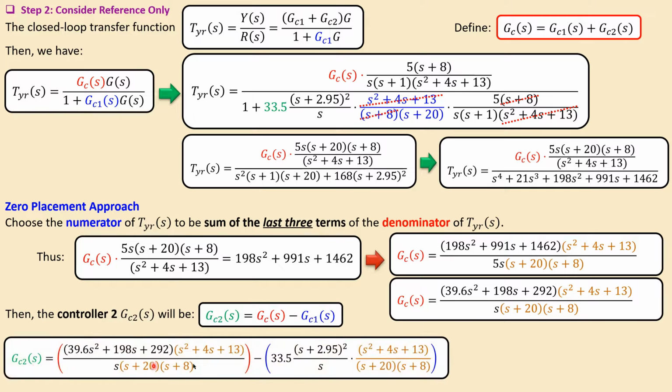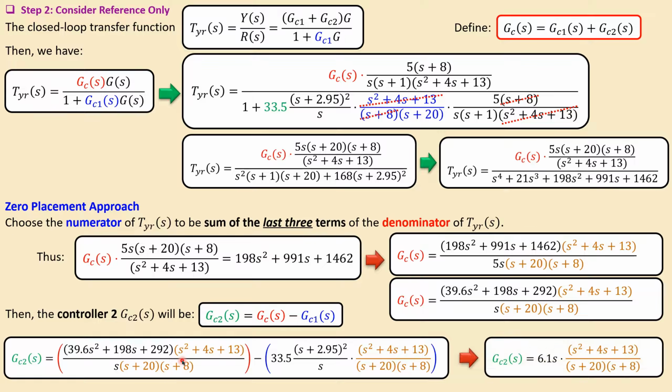If I now substitute everything we have, the controller in total, and controller 1 which we already have determined from the previous analysis, these are the expressions for that, and if I now simplify this, I will have this 6.1s times again the filter. So that means the following: each of the controller 1 and controller 2 has in cascade the given filter A, which is given here in brown.